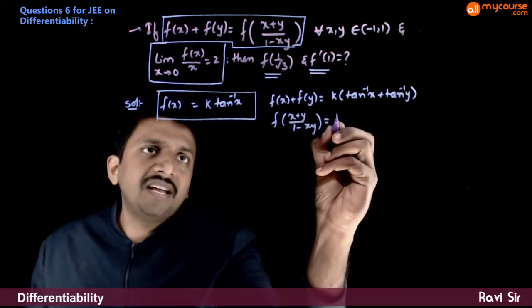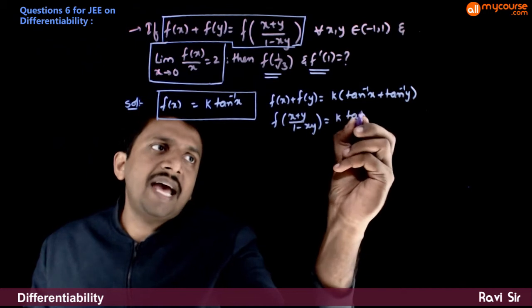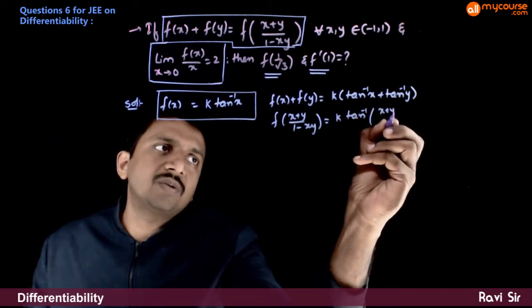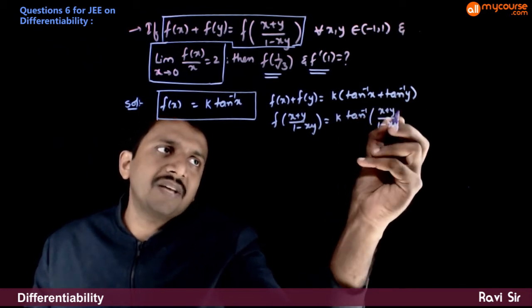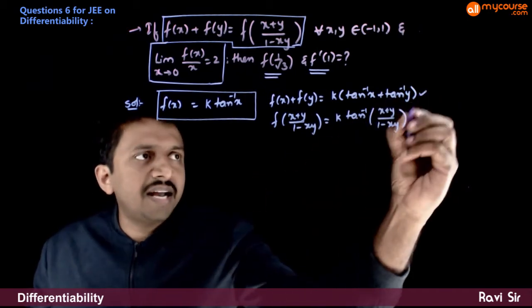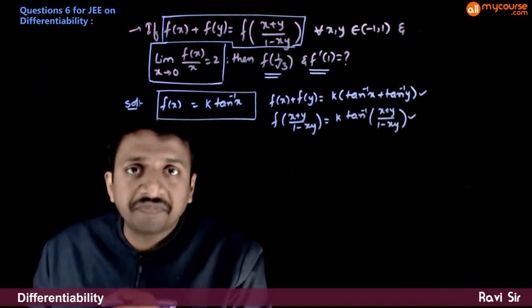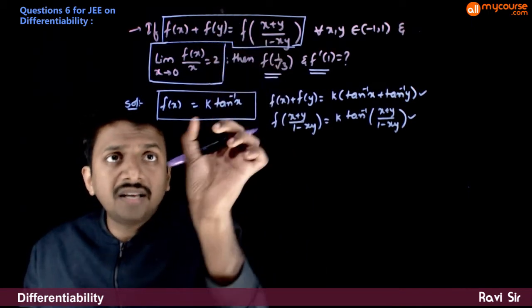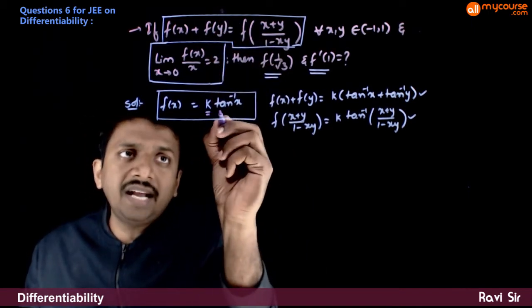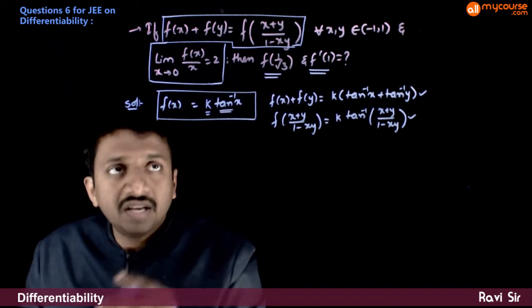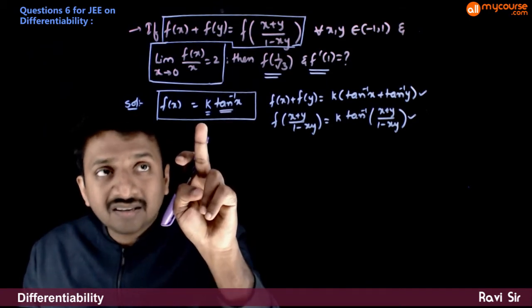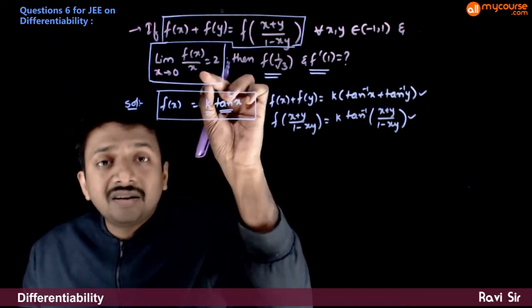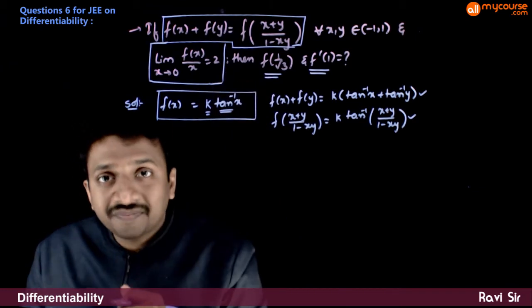That is k times tan inverse of (x+y)/(1-xy). As you can see, the right hand side and left hand side are exactly the same. So for this functional equation to be valid, f(x) can be any k times tan inverse x. Now this k can be decided to follow the given limit.